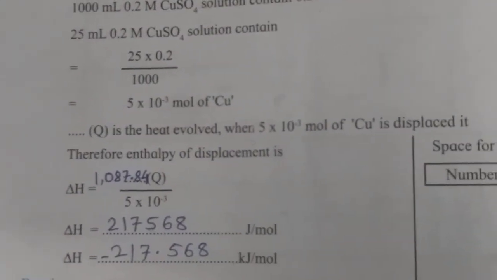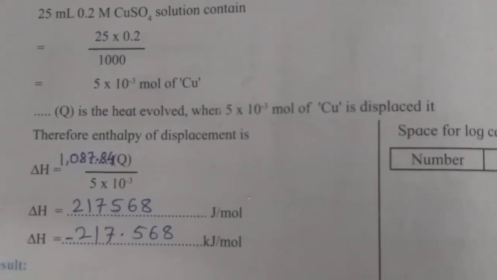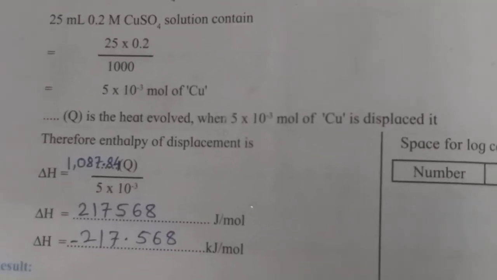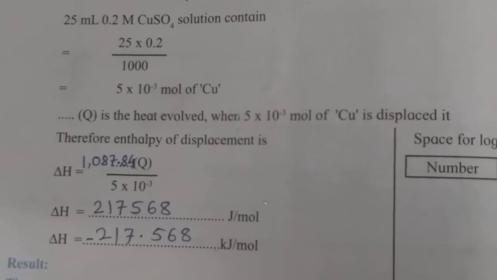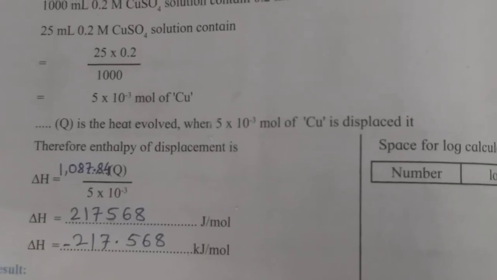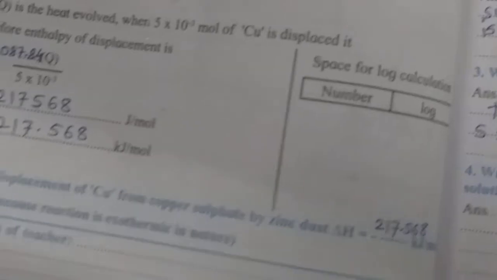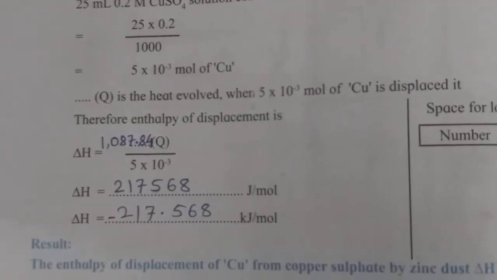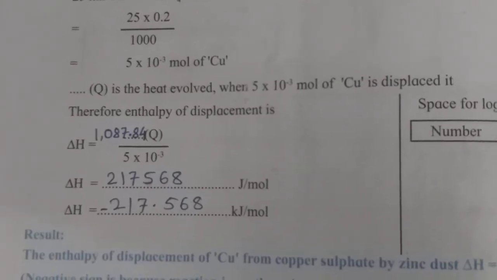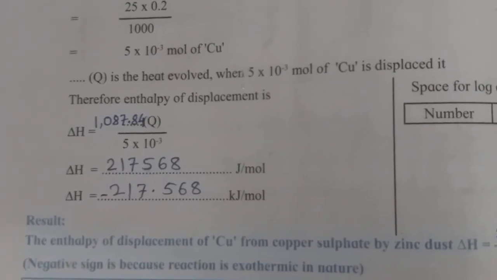Now Q is the heat evolved when 5 into 10 raised to minus 3 mole of copper is displaced by the zinc. The value here is 1087.85, and therefore we calculate the enthalpy of displacement by dividing this value of Q by 5 into 10 raised to minus 3, because this heat is for 5 into 10 raised to minus 3 mole, so what is it for 1 mole?